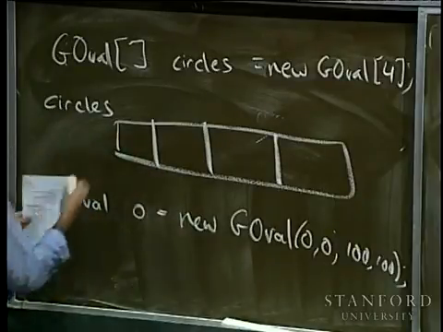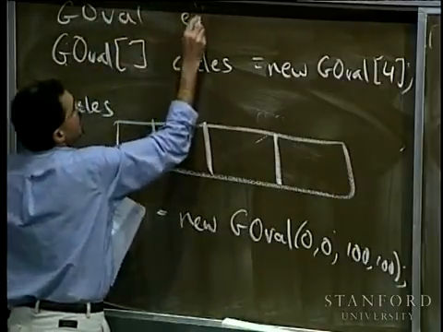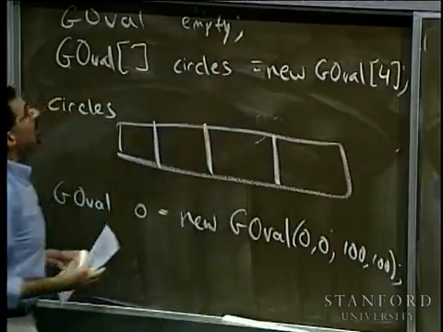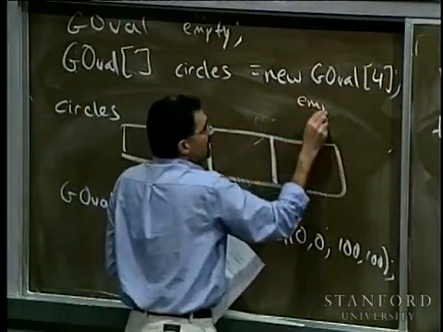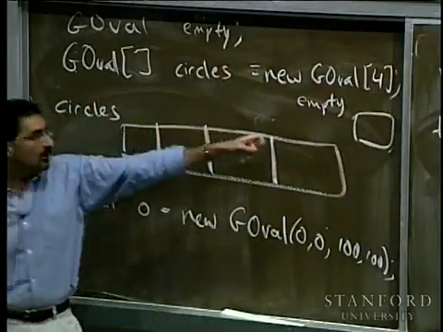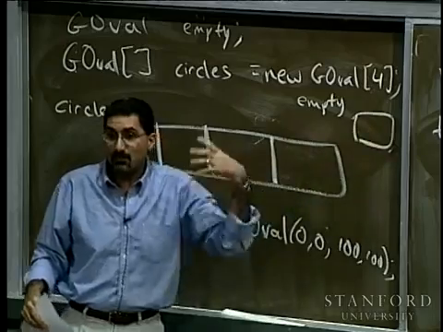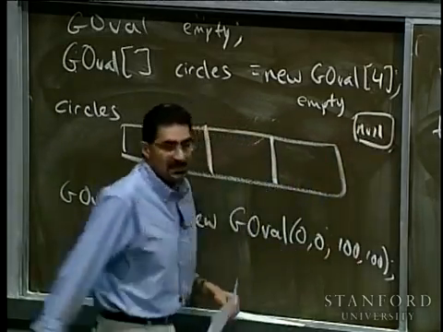It's kind of like if you just said GOval, and I'll call this empty. Okay? What happens when I say GOval empty? I get this thing called empty over here, which is space for a GOval, but I haven't done new on it yet, which means this thing doesn't actually point to any object that is a GOval. Its value, for example, is null.